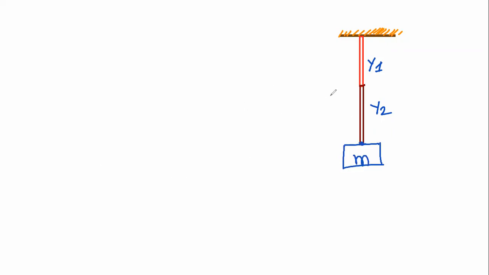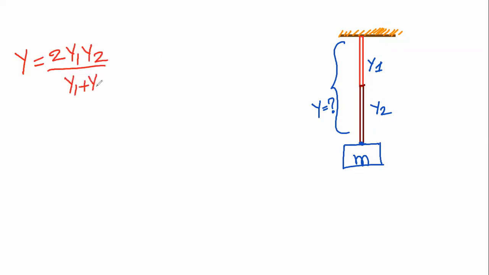Then we have to take the effective Young's modulus. What is the effective Young's modulus of the combination? The effective Young's modulus of the system is Y is equal to 2Y1Y2 divided by Y1 plus Y2.